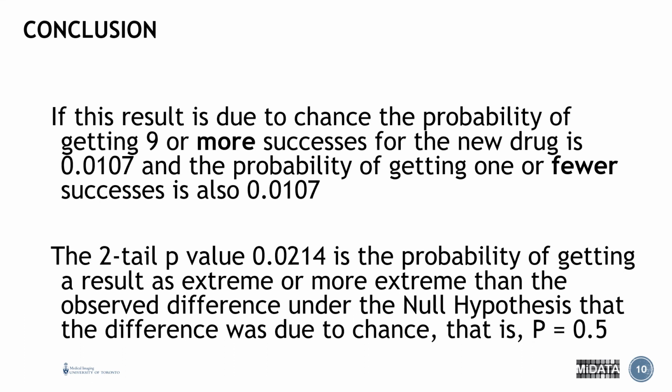So the two-tailed p-value, the sum of those two, is 0.0214, which is the probability of getting a result as extreme or more extreme than the observed difference under the null hypothesis that the difference was due to chance. That is, p equals 0.5.